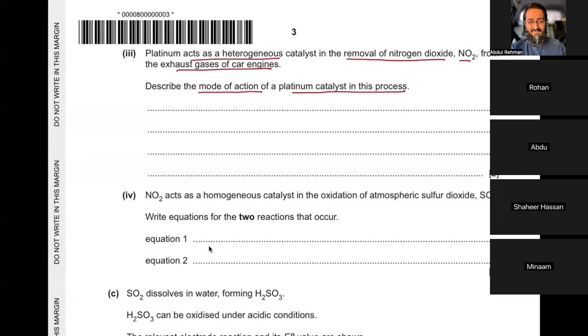First, adsorption. Second, bonds of reactants get weaker in order to make product. And when the product is formed, it is desorbed.